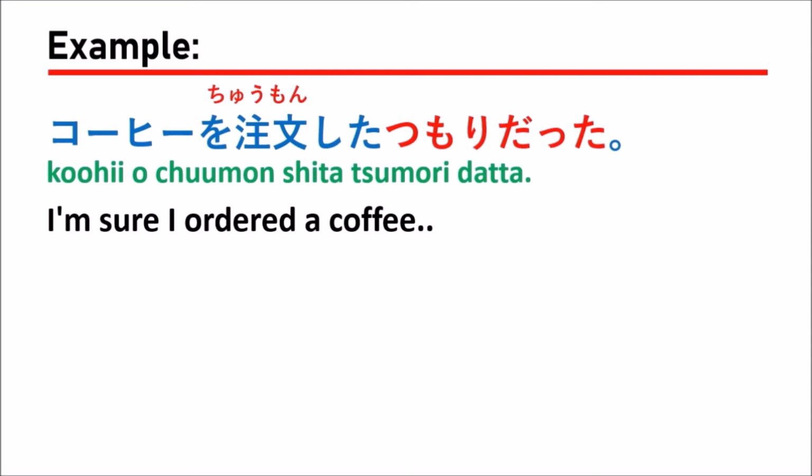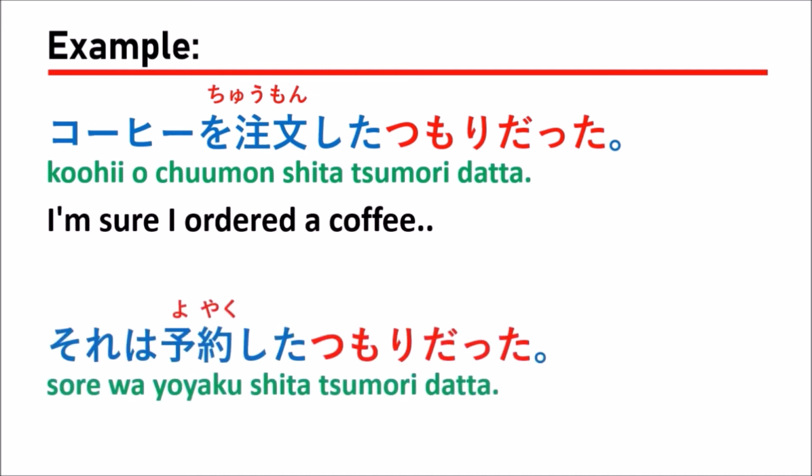So it is correct when you compare it to the grammar rule of tsumoridatta. And this sentence means you intended to order the coffee. But sometimes you go to a restaurant and the person there will ask you back what you ordered. So in a case like this you can say コーヒーを注文したつもりだった, which means you already ordered the coffee.